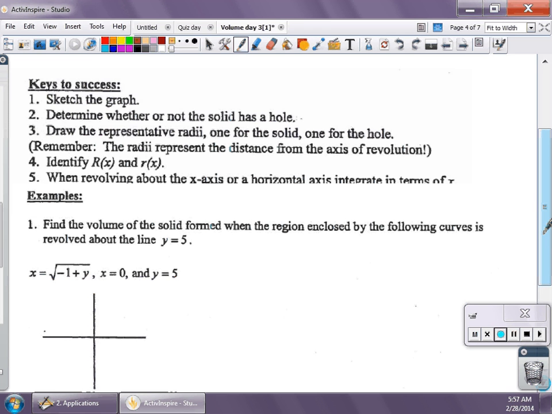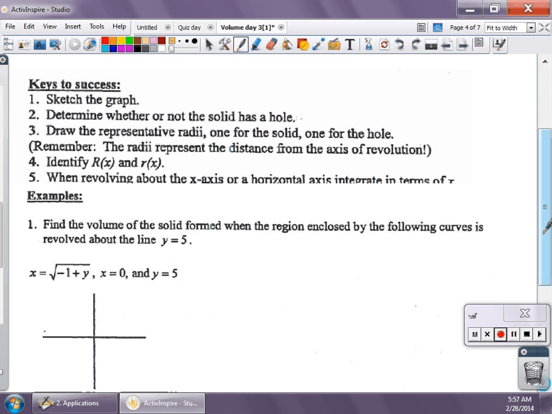First of all, sketch the graph. That gives us the opportunity to look at the region and see what we're trying to find the volume of. Secondly, you're going to have to decide whether or not that solid, when you revolve it, has a hole or not, because that's going to decide if you need one radius or two radii.